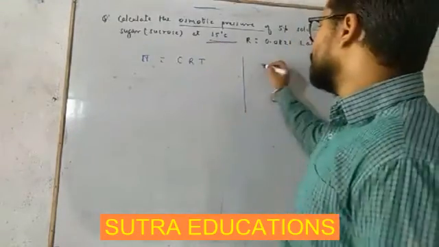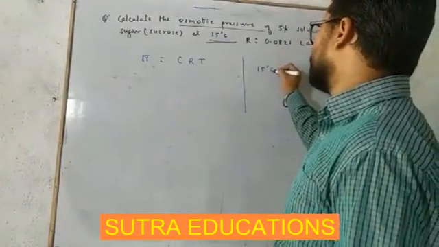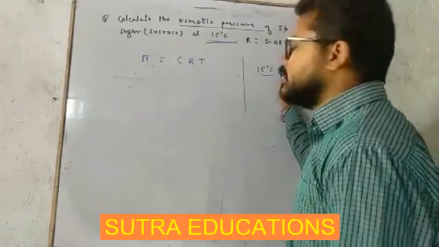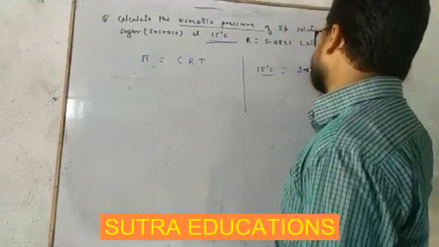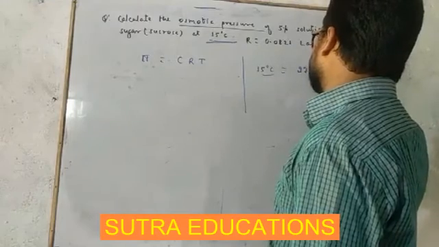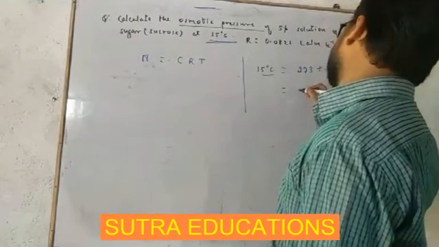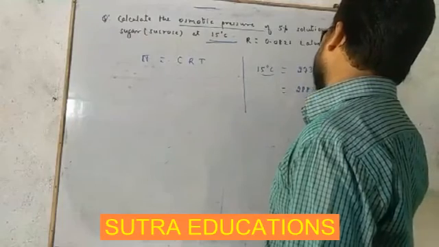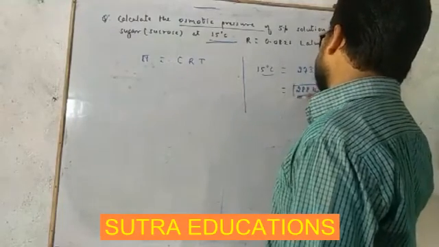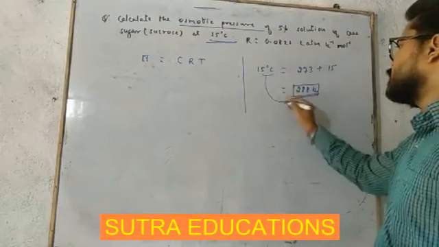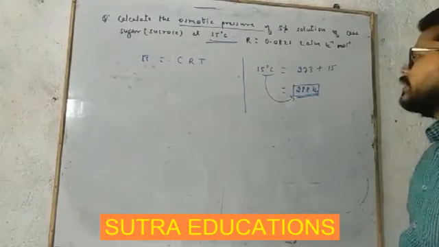We have to take temperature in Kelvin. So 15 degrees Celsius means 273 plus 15, and it will be equal to 288 Kelvin.